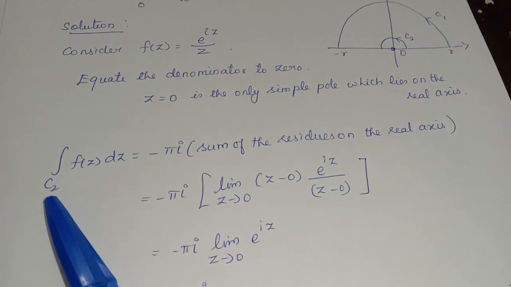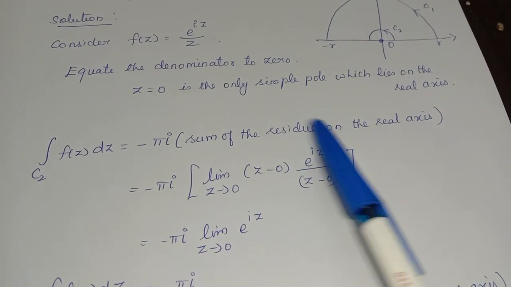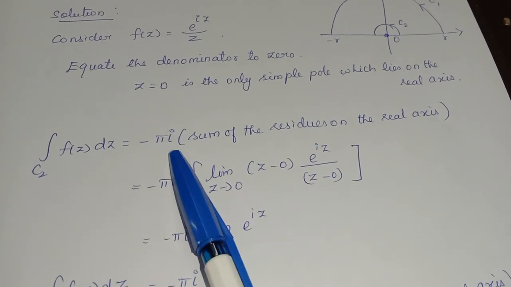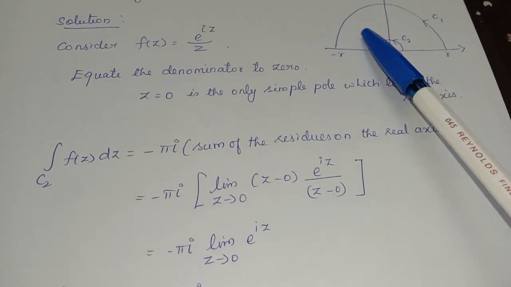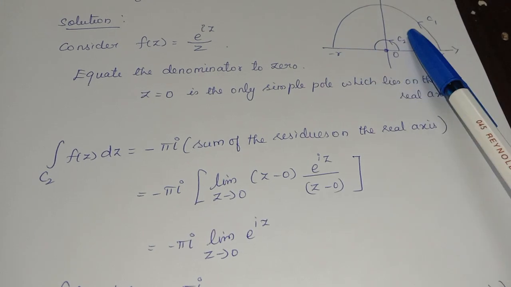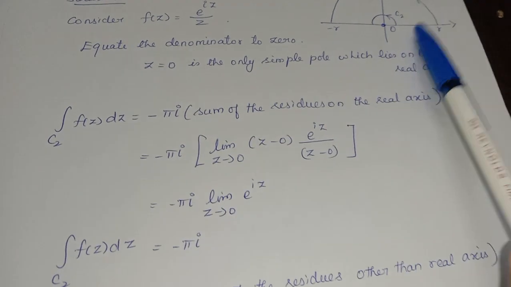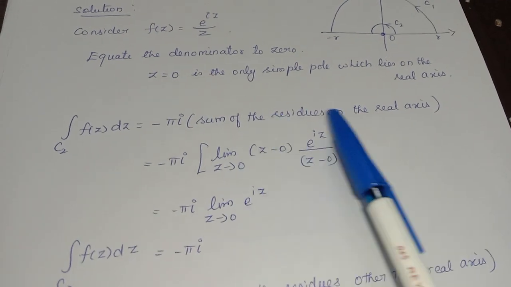So here you have to find the residue of f of z at 0, and multiply that answer by minus pi i. That is, if you have any poles inside this portion, it is 2 pi i into the sum of the residues. But when you have poles on the real axis, the formula is minus pi i into the sum of the residues.